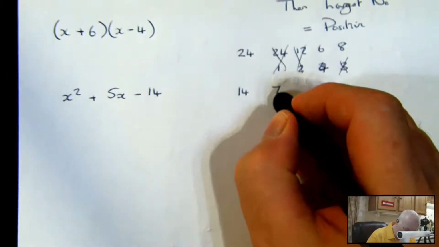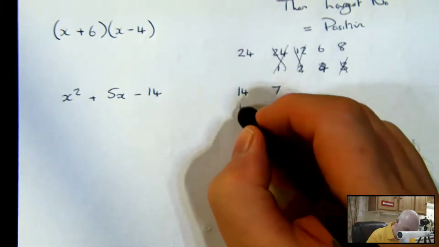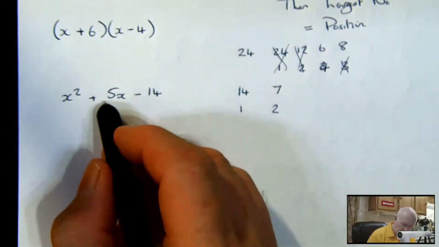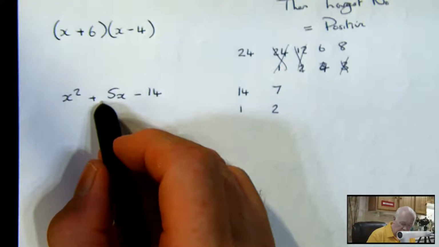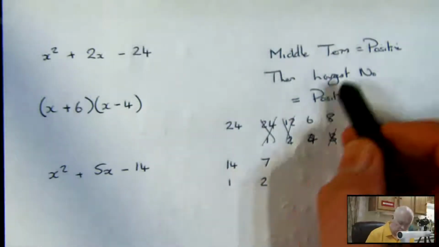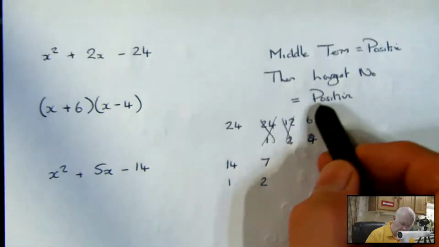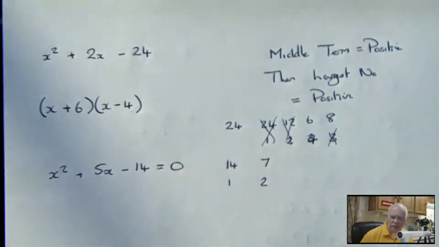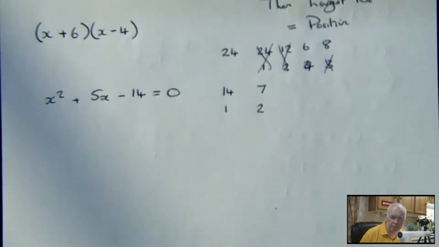Well, I can only think of 14 and 1 and 7 and 2. We've got to make plus 5. Our middle term is positive, therefore our largest number is going to be positive. We'll set this to be 0, so we solve it.